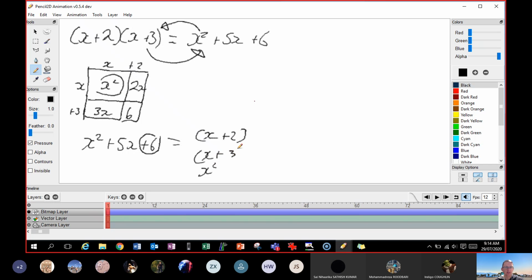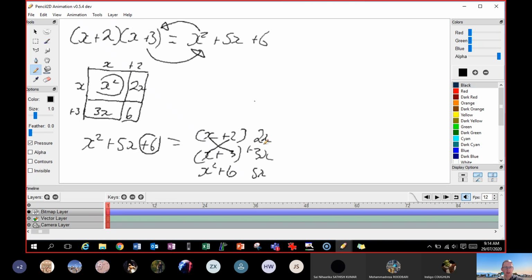I'm going to multiply this 2 with the x, and the x with the 3, which will give me 2x and 3x. Then we add these together, and that gives me 5x.